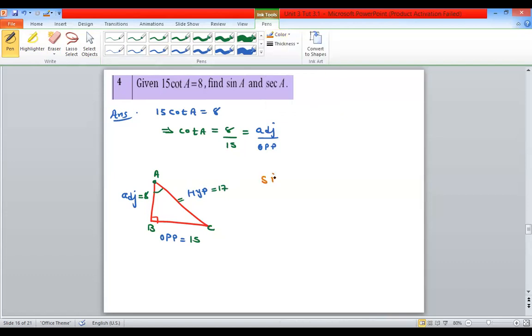Sin A, opposite upon hypotenuse, is 15 by 17. Sec A. It's the opposite of cos. Cos is adjacent upon hypotenuse, so sec is hypotenuse upon adjacent. It's 17 by adjacent.